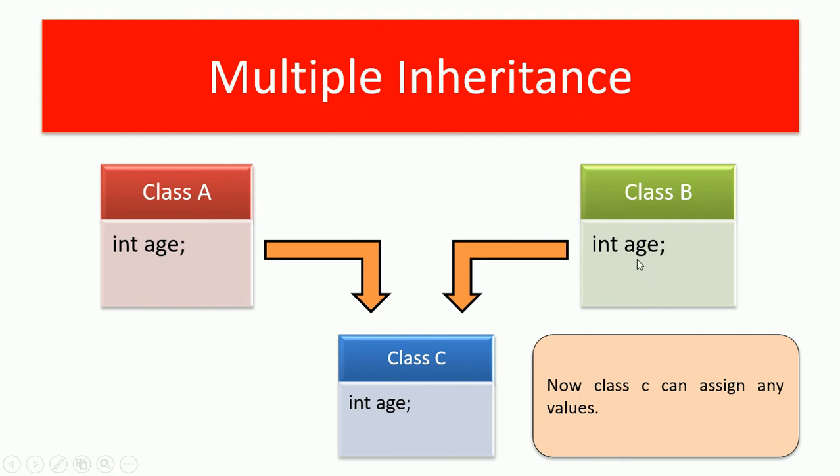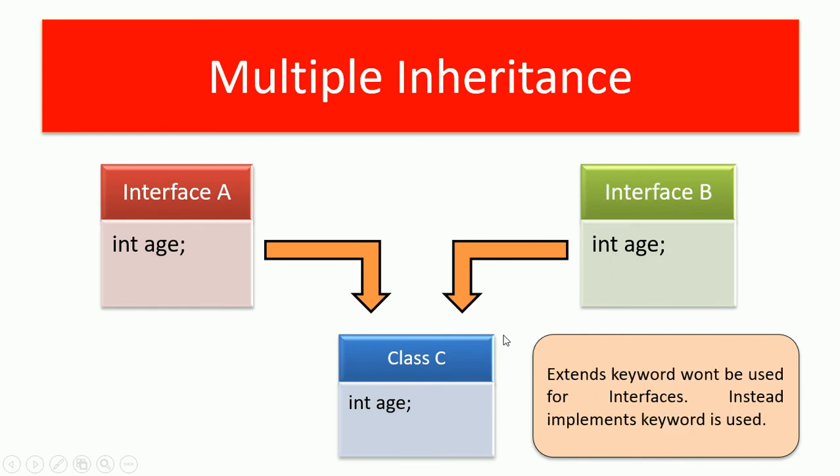Since both classes have the same variable name and no value inside it, it is more than enough that class C contains only one age value. This satisfies the problem of inheriting from class A and class B as well.